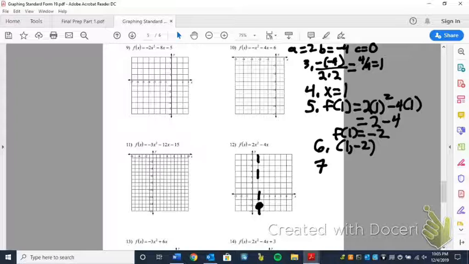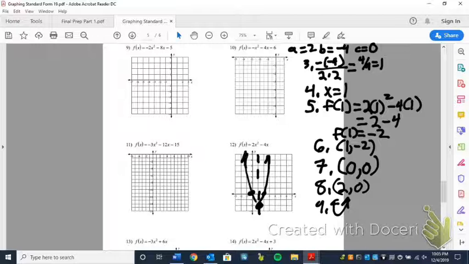Step 7 is we graph the y-intercept, 0c. Now here, c is 0. There's no c. So graph 0, 0. So that means it intercepts at the origin. We then flip that over to 2, 0. And then we connect the dots. Easy peasy.